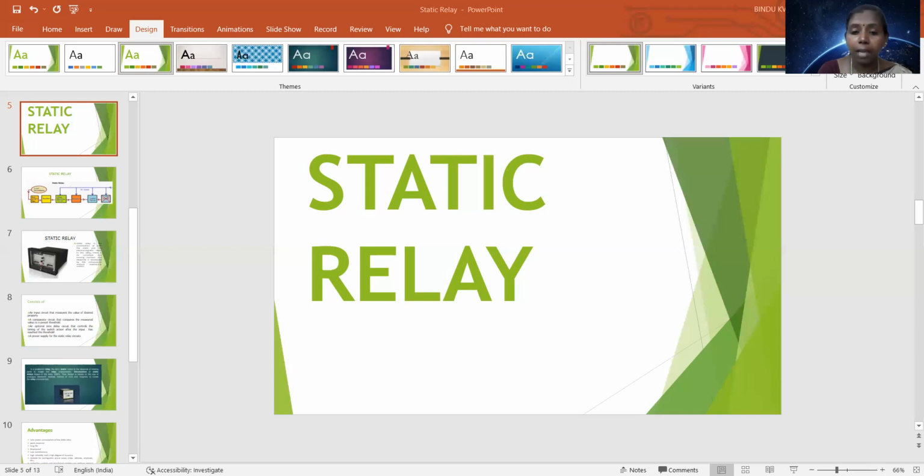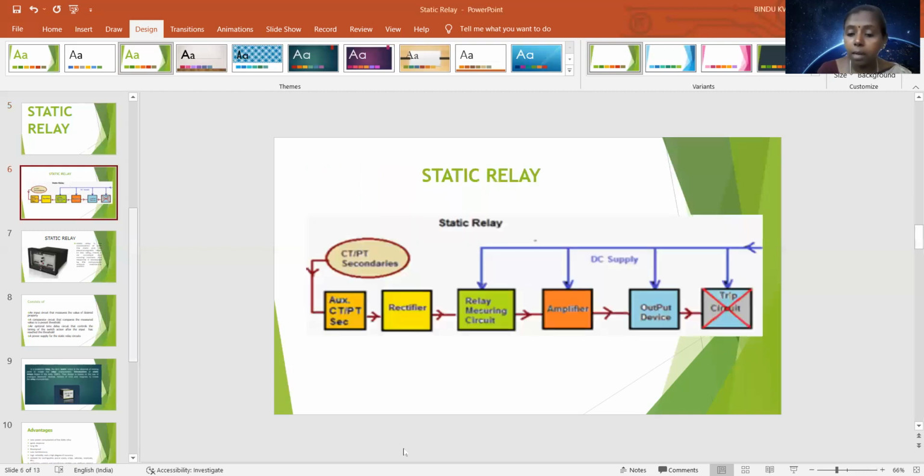We'll see with the diagram. So this is your static relay, and here you have the block diagram for the static relay. These relays also consist of static components, that is, electronic and magnetic components. It has transistors, diodes, ICs, all these electronic components, for the measurement and comparison of electrical quantities.